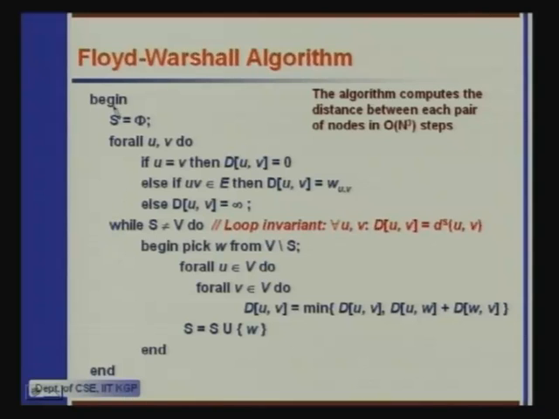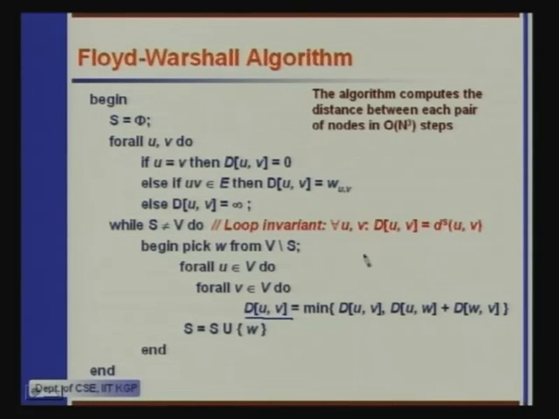where the algorithm starts with an empty set of vertices S, and in each iteration it adds a new vertex into S, but before it does that, it makes sure that for all u and for all v, the shortest path from u to v through the vertices in S is correctly captured in duv.